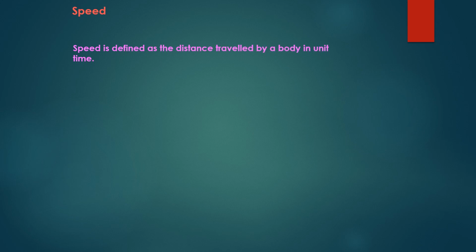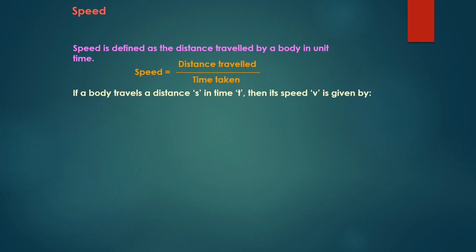Let us study about speed. Speed is defined as distance traveled by a body in unit time. Speed is distance traveled by time taken. If a body travels a distance of s in time t, then its speed v is given as s by t.